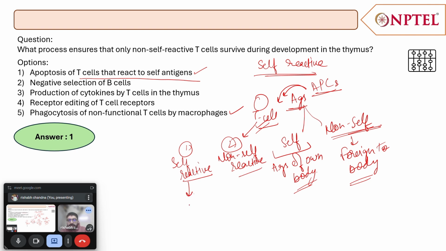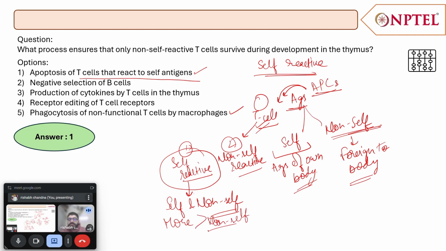These self reactive T cells are basically used by the immune system to differentiate between the self and the non self antigens. If these self reactive T cells become more in number as compared to the non self T cells, this would lead to autoimmune disorders.